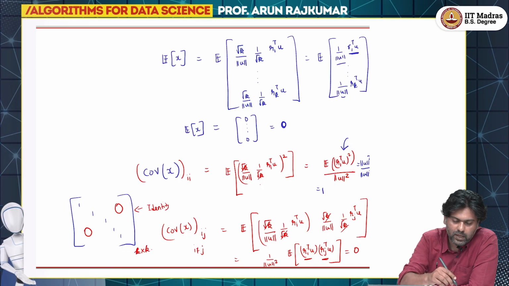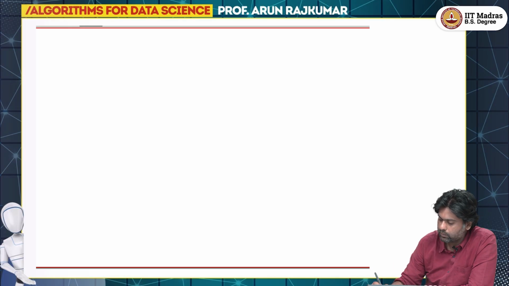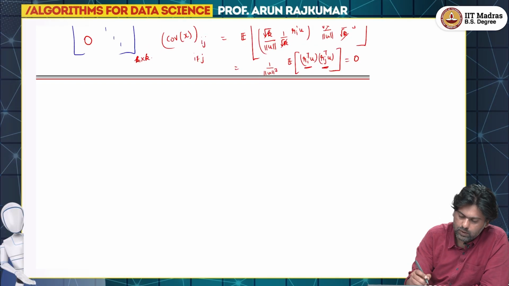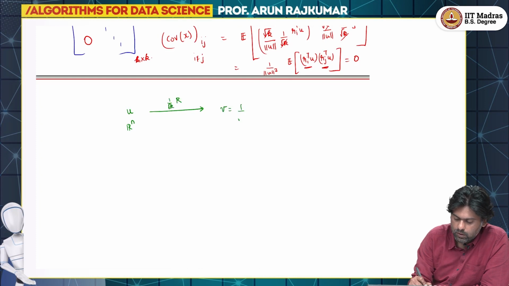So, then what are we saying? Just so that we are on the same page, you started with u, which is in R^n, and then I applied 1 by square root k R to it to get v, which is 1 by square root k R u, and then I am doing some scaling to get x, which is just square root k by norm u times v.